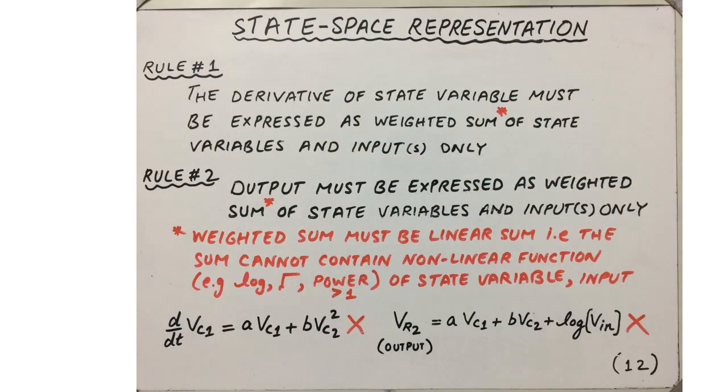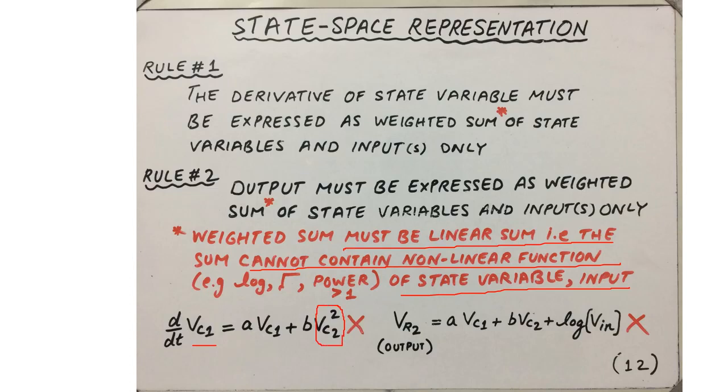Similarly, the weighted sum must only be a linear sum. That is, this weighted sum cannot contain a nonlinear function of the state variables and the input. So for example, you cannot write the rate of change of the state variables as a weighted sum containing the square of a state variable such as Vc2 square.